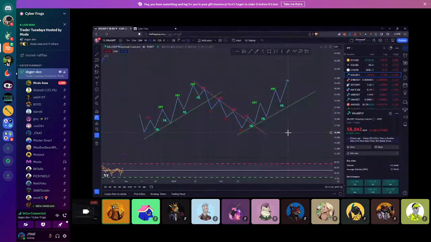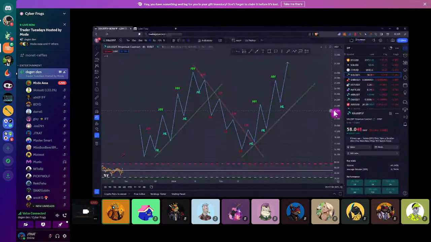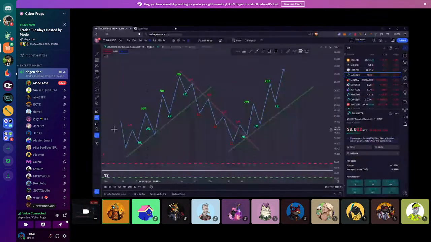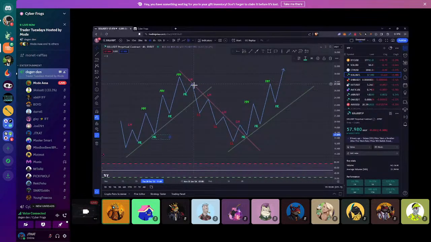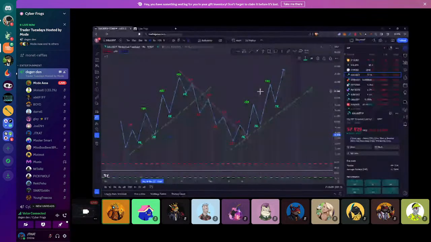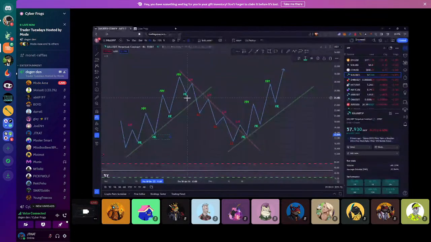And if you haven't seen this, you can look in Tuesday Trader Review, where there's an entire write-up I did on what it means to have a lower high or a higher low and higher high, what these mean, and how to identify these trends. And if you've been in frogs long enough, you've probably seen the trend is your friend until the end.